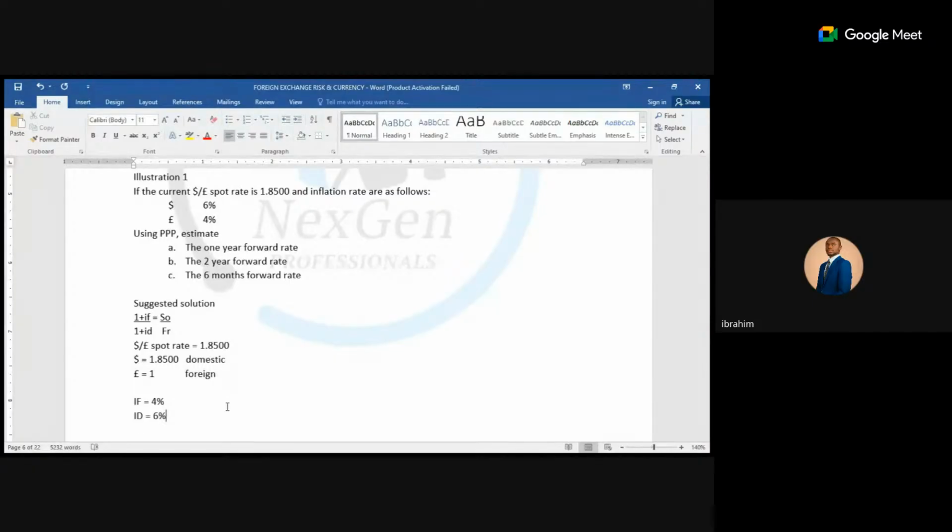Right? So we can now have the S0, which is the spot rate. And what is the spot rate? 1.8500.